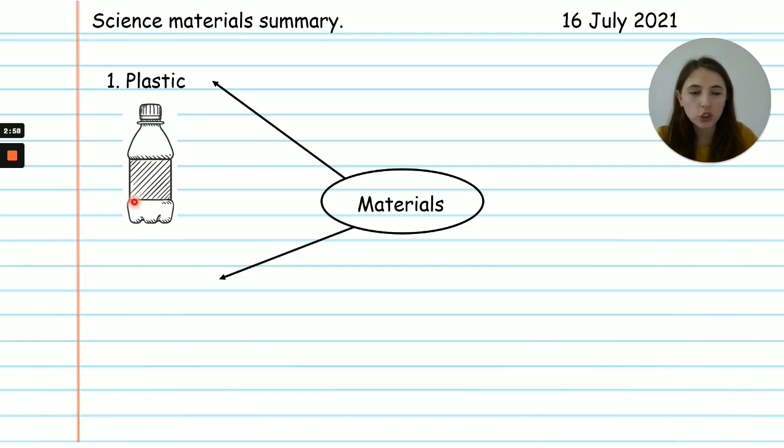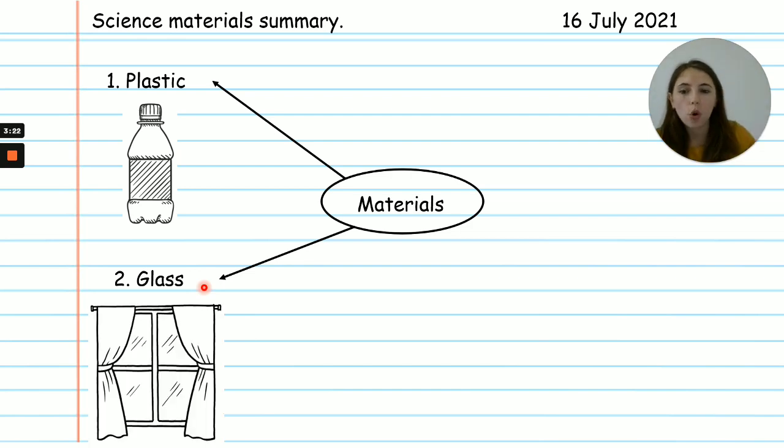Then number two. Number two is glass. So let's write down two glass. And then you draw a picture of a window that has glass inside of the window.